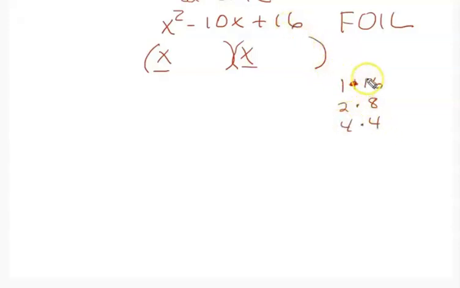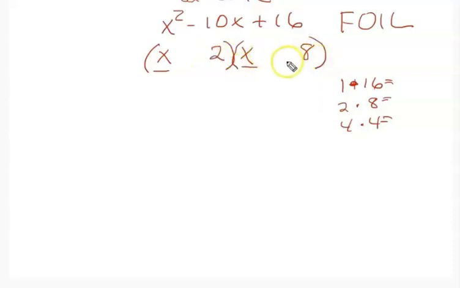But then we have to, and we're doing this mentally, or you can write it out, decide which of these combinations add up to our b term, which is 10. And as we look at it, this one adds up to 10. So we're going to put an 8 there and a 2 there, or you can put the 8 and the 2. That's okay.